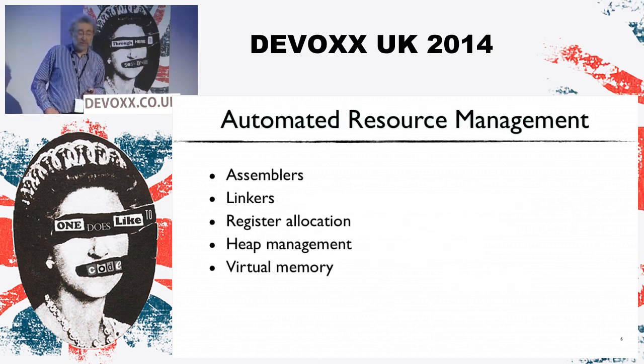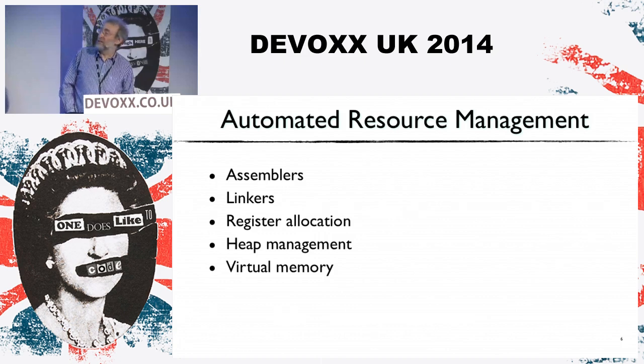The examples he gives are moving from machine code to assemblers, then having linking loaders, automated register allocation, heap management, virtual memory, and so on.